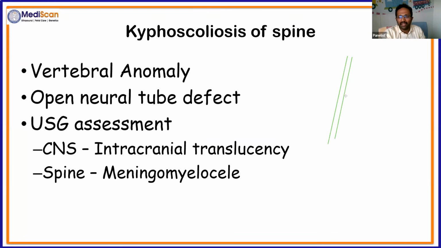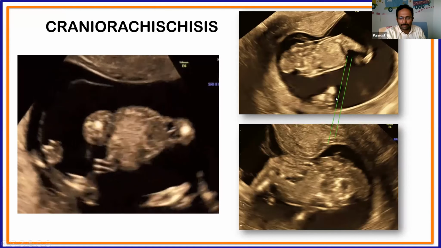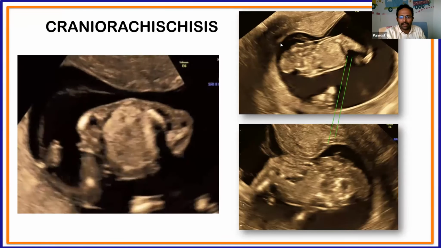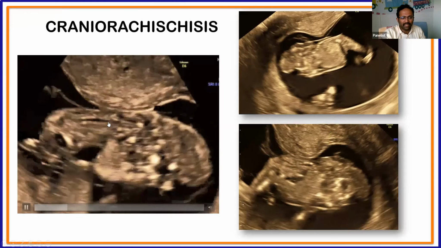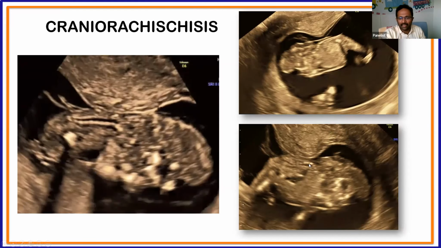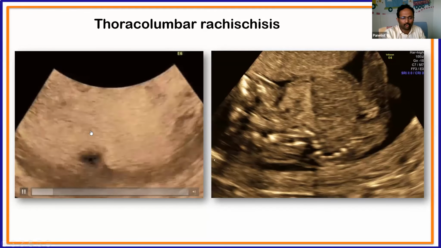And when you have a deviation in the spine, then you call it a kyphoscoliosis of the spine. You can see in this particular baby that the spine is very irregular, and you can see an angulation in the spine that is noted here. And these are spines of a kyphoscoliosis.